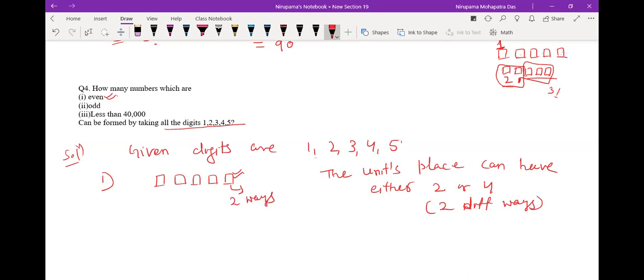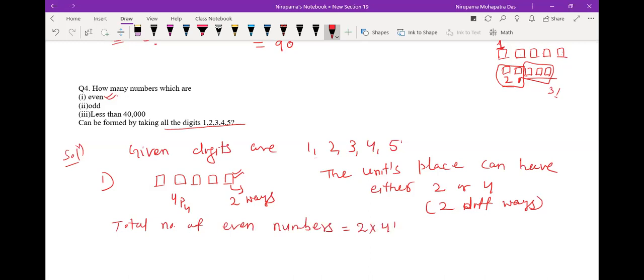Now the remaining 4 digits in the remaining 4 places: you can arrange them in 4P4 ways. So the total number of even numbers will be what? Here 2 ways.